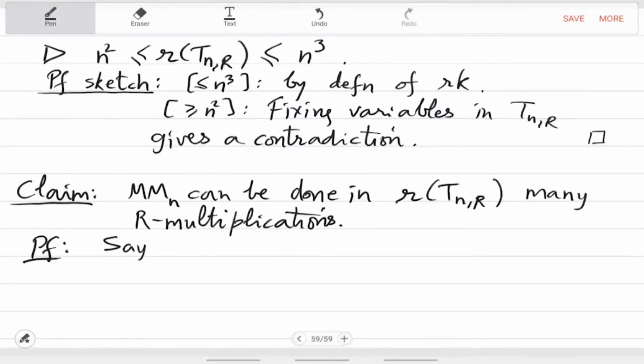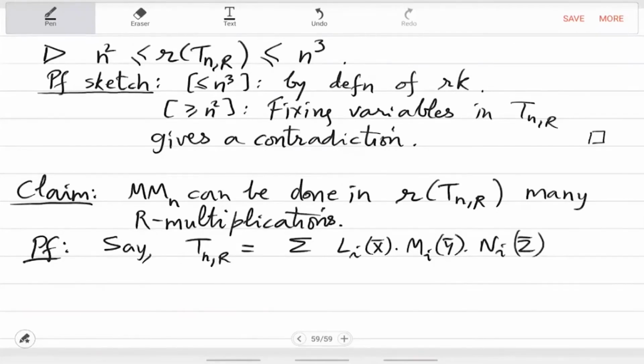Say you have a representation of T into few products. In particular, look at Ni of z bar. These are the variables z11 up to znn. Extract the coefficient of z11.